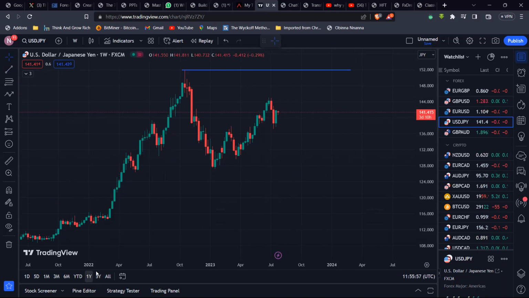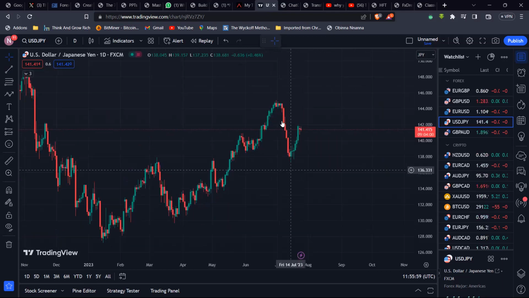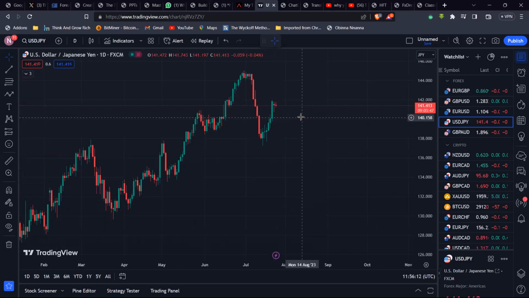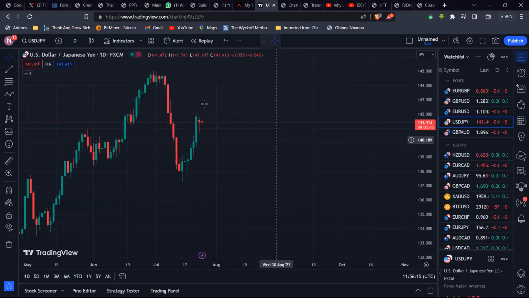So that said, price did break down below this low, in which case I actually started looking for buying opportunity here. I got involved in some very nice buy trade, which I'm still holding. I've taken partial, obviously, and I'm just letting the rest run.